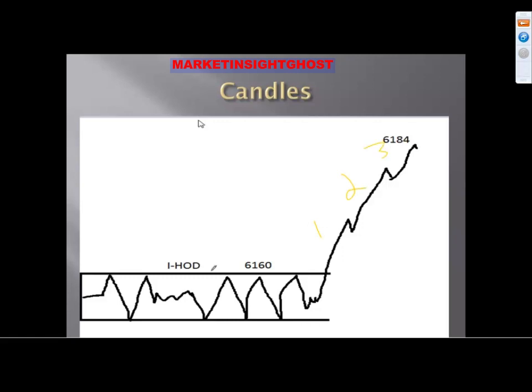The initial high is extended from 61.60 to 61.84. 24 points. They quickly pick up the contracts and get out of that area.